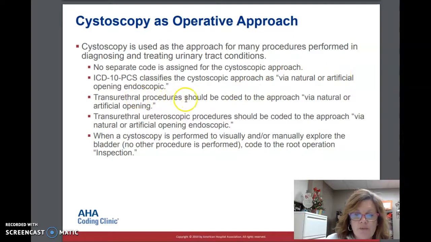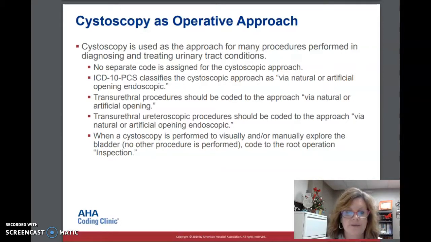Your transurethral procedure should be coded to the approach. So keep that in mind. If it's done to visually or manually explore the bladder and no other procedures are performed, you just want to code it to the root operation inspection.